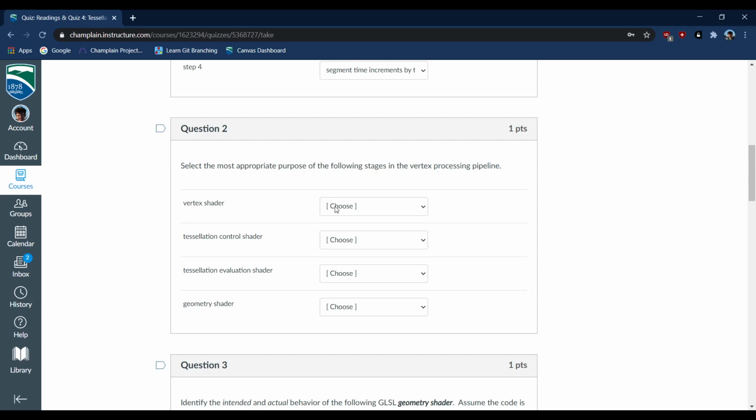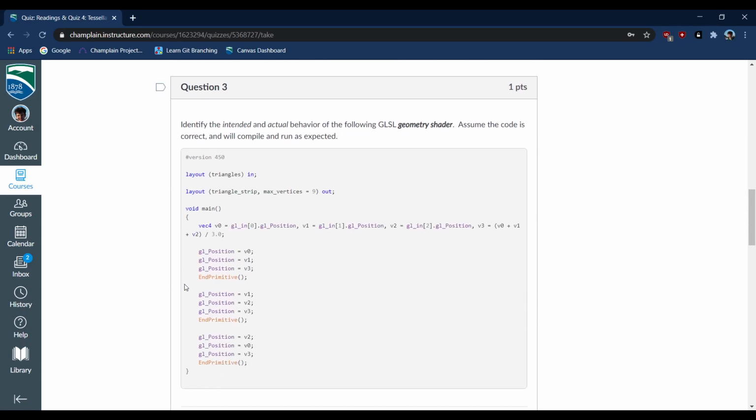Select the most appropriate purpose of the following stages in the vertex processing pipeline. Well, I know that this one is barycentric stuff. This one is primitives. I think they might just literally be in order. I'll come back to that one though as well.